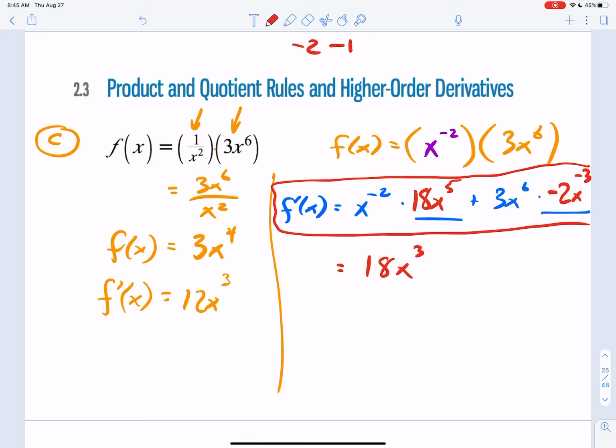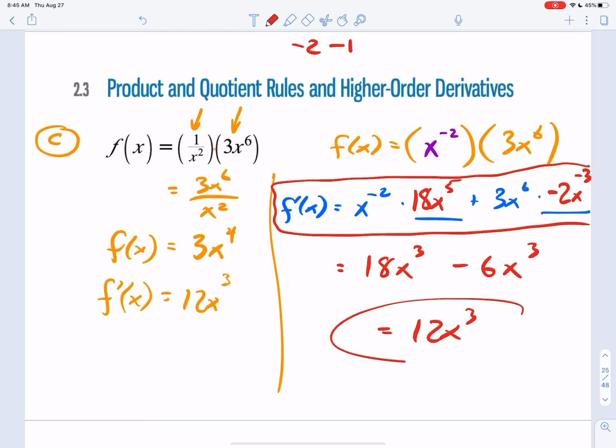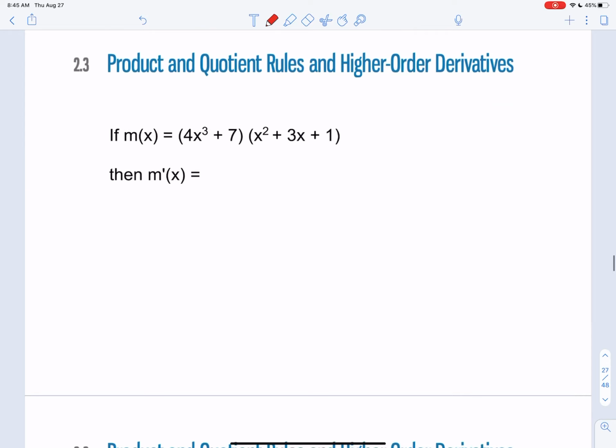Negative 2 plus the 5 will give you positive 3. Over here is going to be a negative 6x cubed, and that'll just give me 12x cubed. Okay? This is something that I would consider simple because you're just dealing with a base of x, but it does get a little bit more complicated later, which I encourage you to just leave after you apply the product rule, okay? All right, so part D.